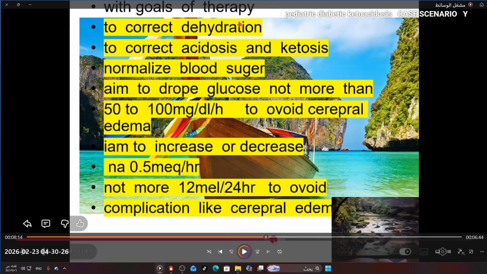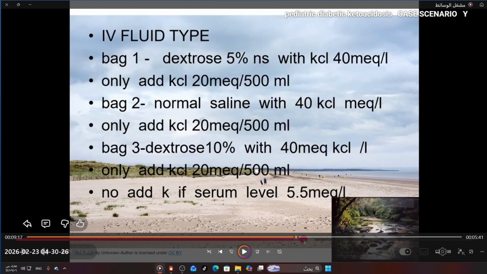We cannot decrease or correct sodium rapidly. Only 0.5 milliequivalents per hour or 12 milliequivalents per 24 hours. Exactly. The sodium correction has to be really gradual as well. So we avoid osmotic issues.